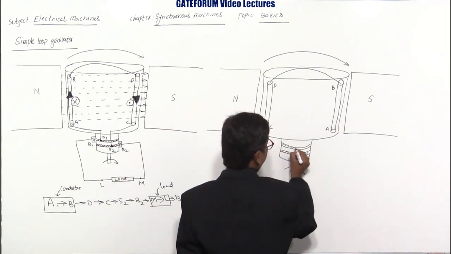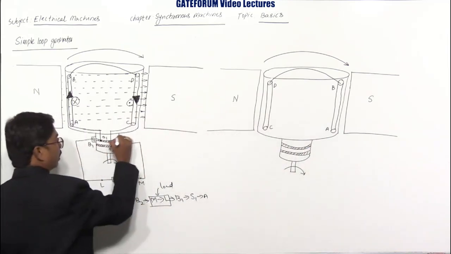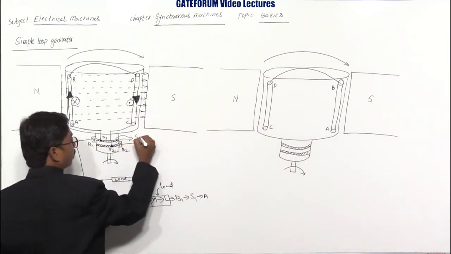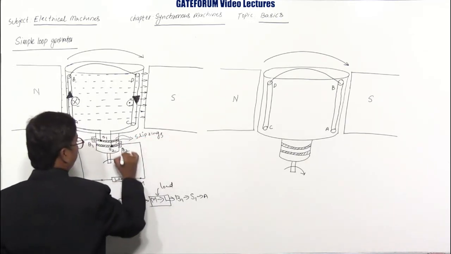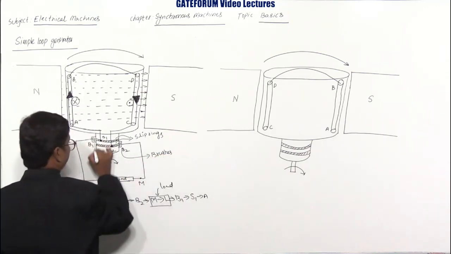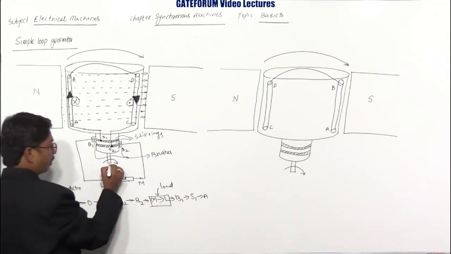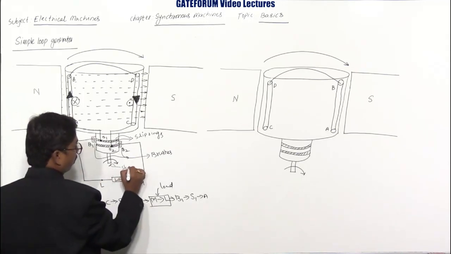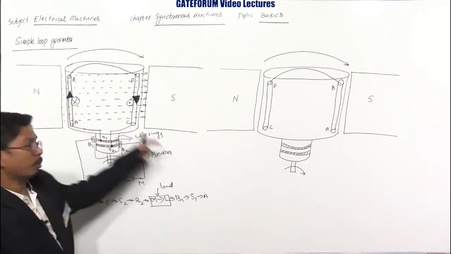Remember, these are slip rings and these are brushes. This is also a brush. So this is the shaft, these are the conductors and these are the poles.